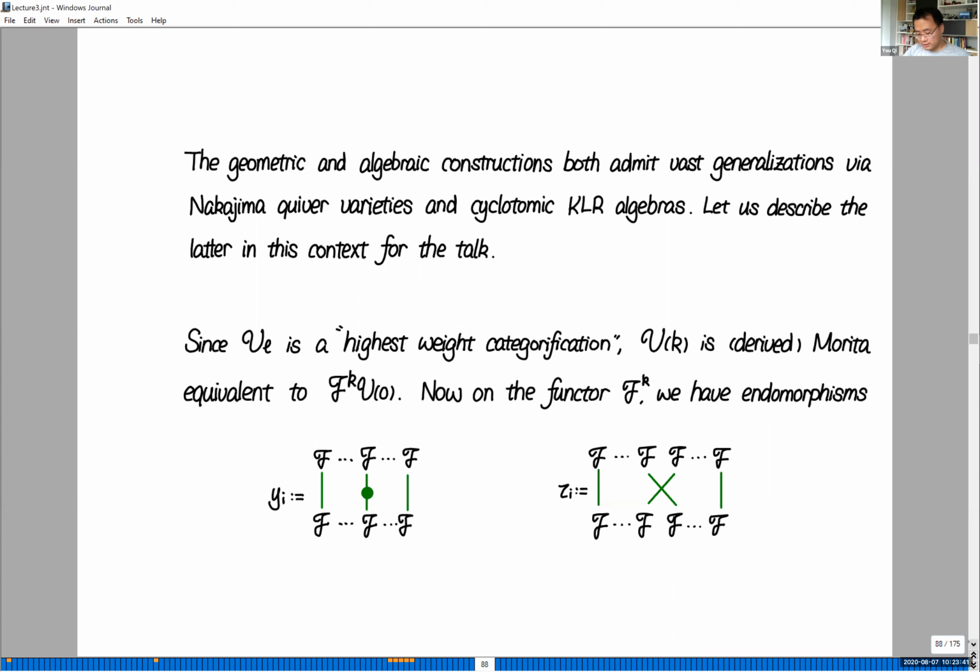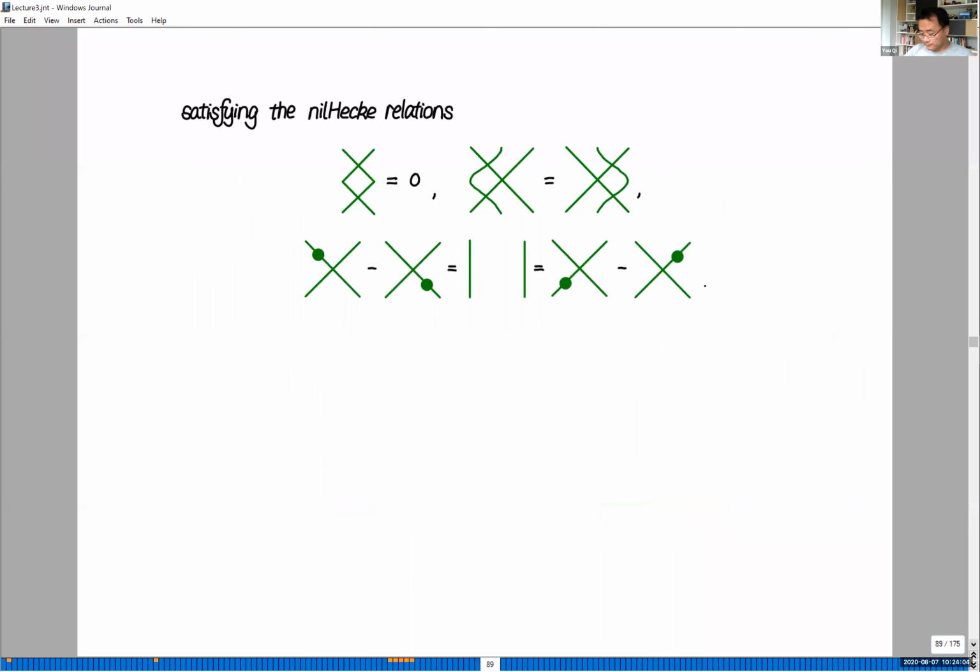On each of these partial flag varieties, there is multiplication by the Chern class of the associated line bundle, the first Chern class c_1 of the ith L_i. The crossing is given by the divided difference operator on the corresponding Chern classes. That's how these operators act on the cohomology of the flag variety.